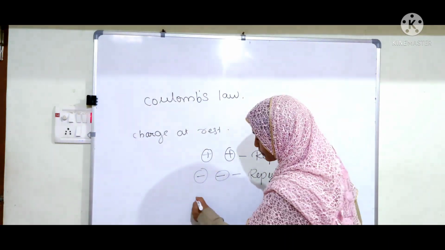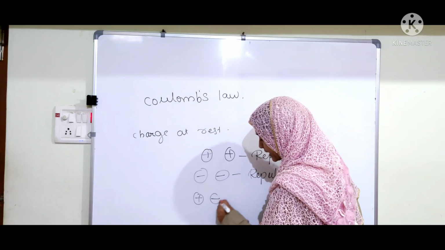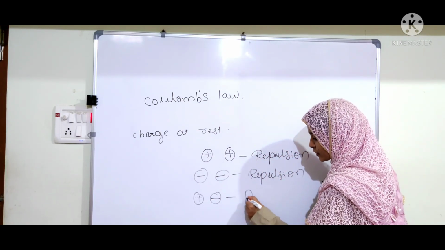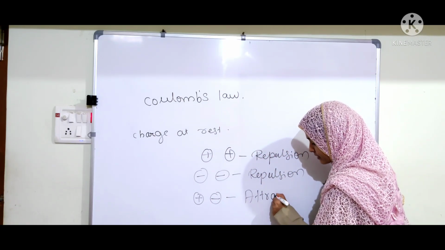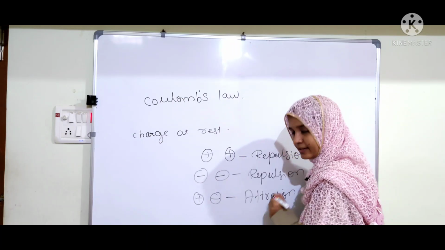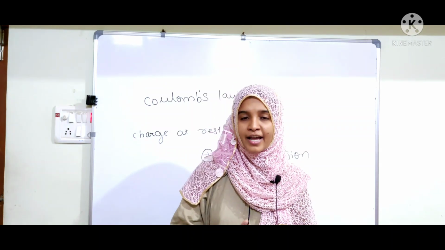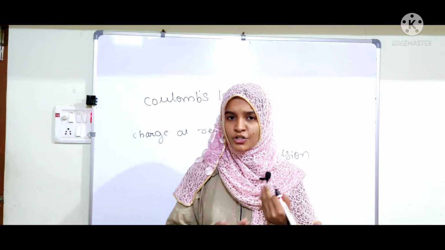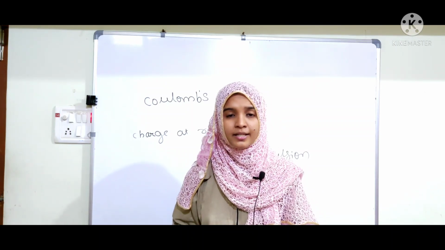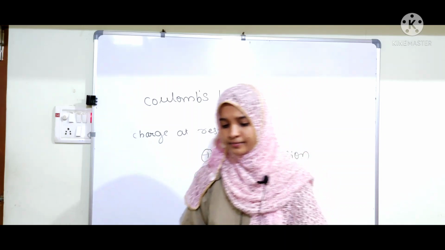Now, if I have one positive charge and one negative charge, then there will be force of attraction. Understood? There will be force of attraction only if I have the opposite polarity. One should be positive, another one should be negative.